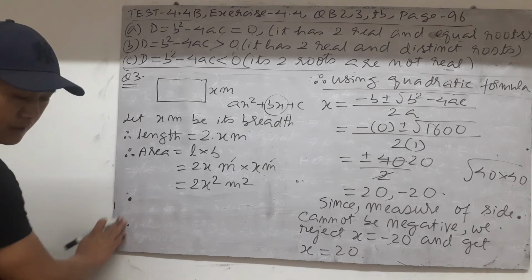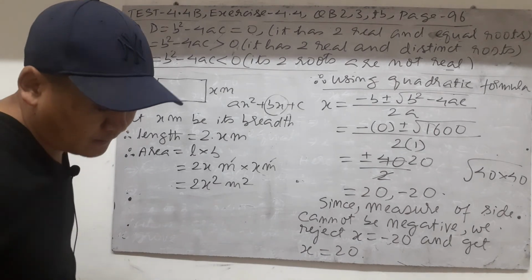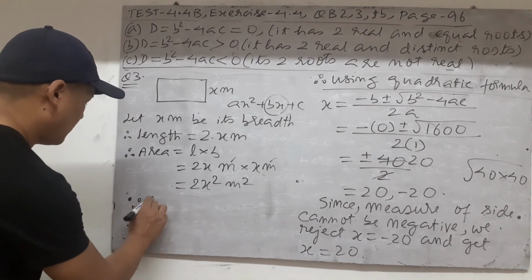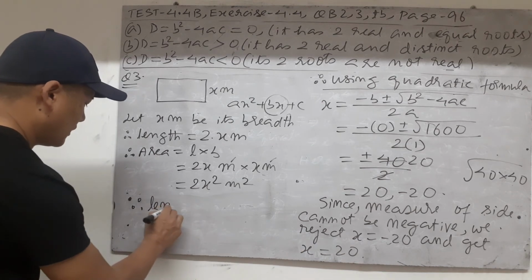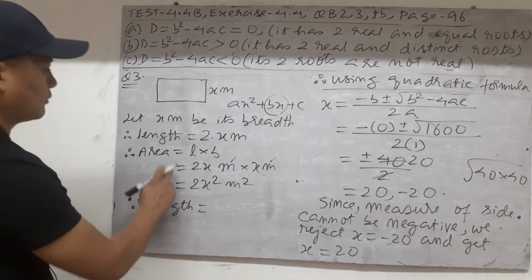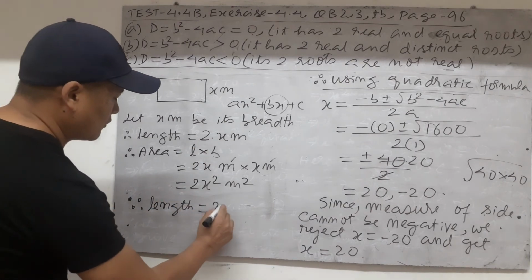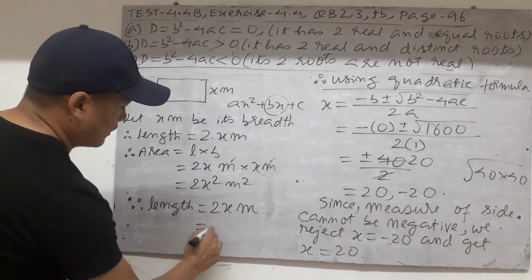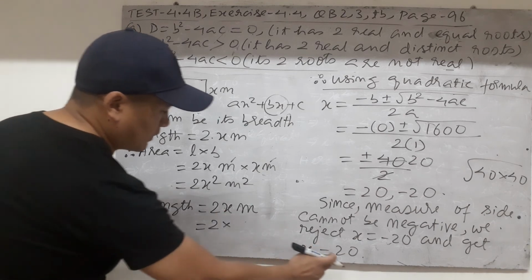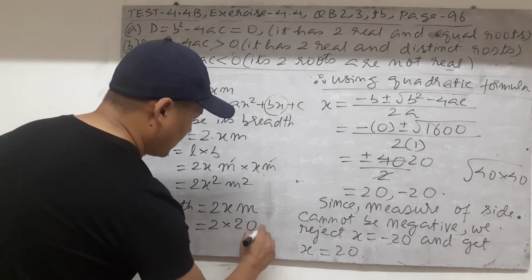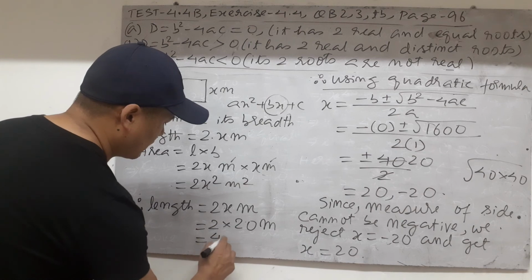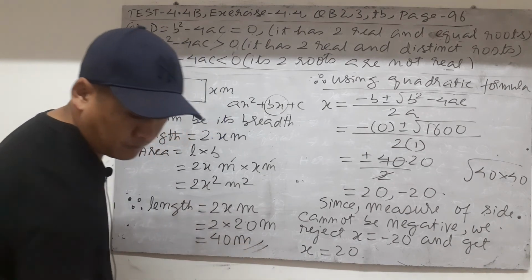So we have to find the second part of this, find its length and breadth. Therefore, you write down, finally, after writing this, length is equal to, let's go back to the beginning. Length is this one, 2x meter. So you write 2 into x, x is plus 20, and this meter you write, so the length is 40 meter.